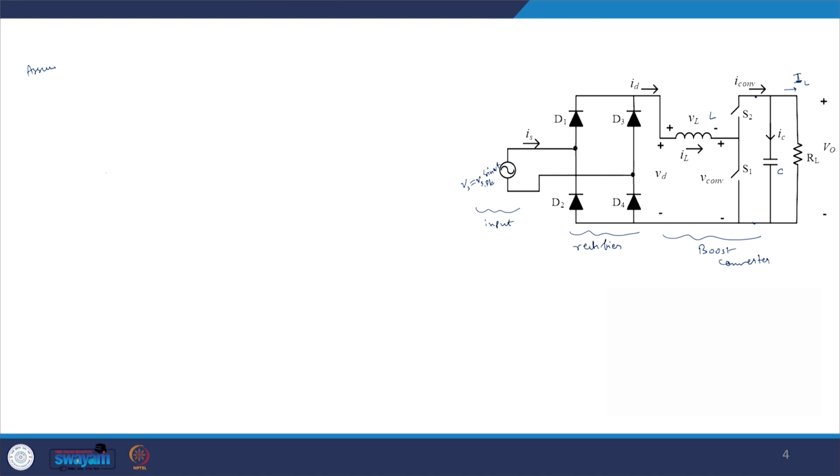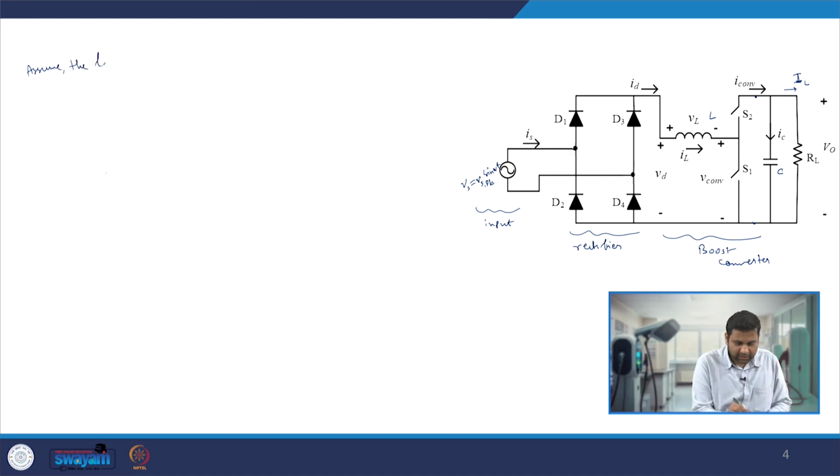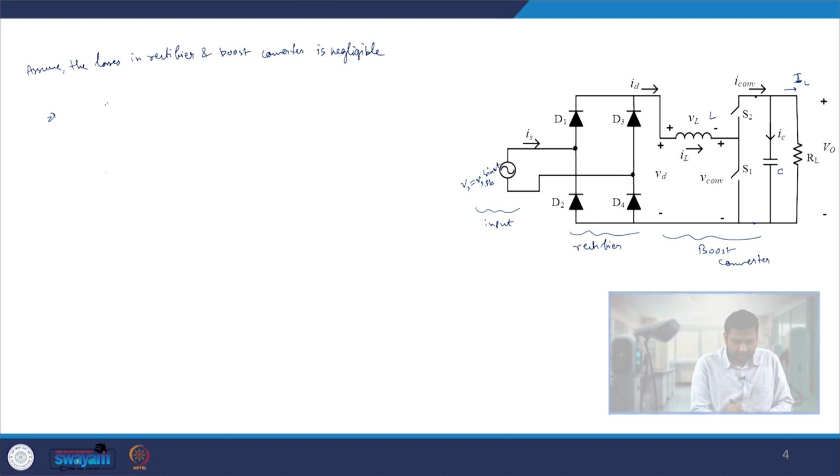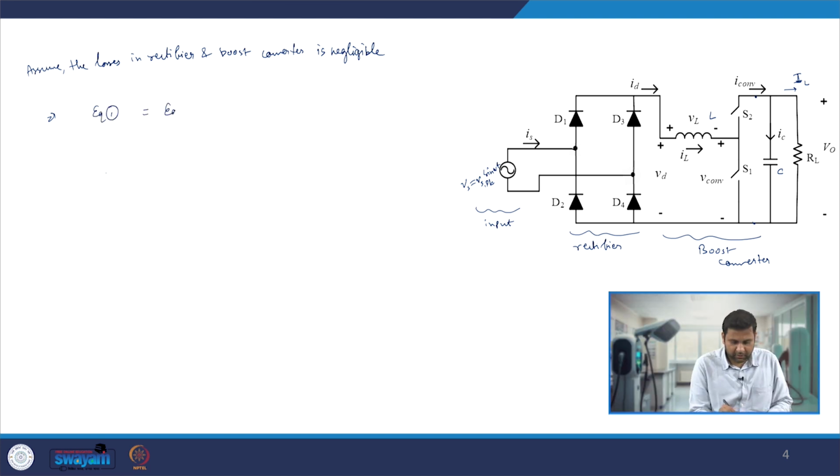Assume the losses in the rectifier and boost converter are negligible. This is another assumption we can take, and then we can easily write that equation number 1 is equal to equation number 2.